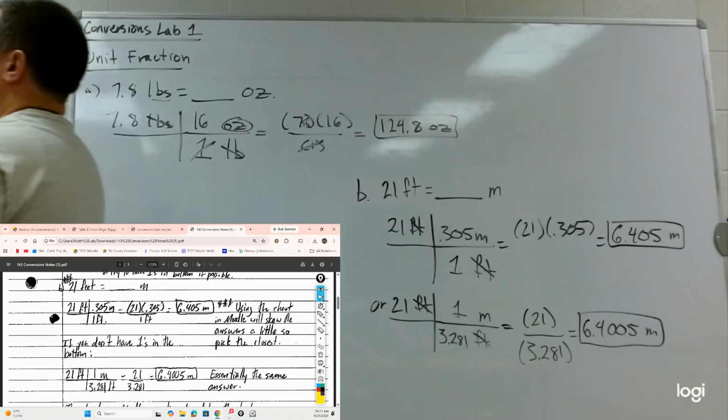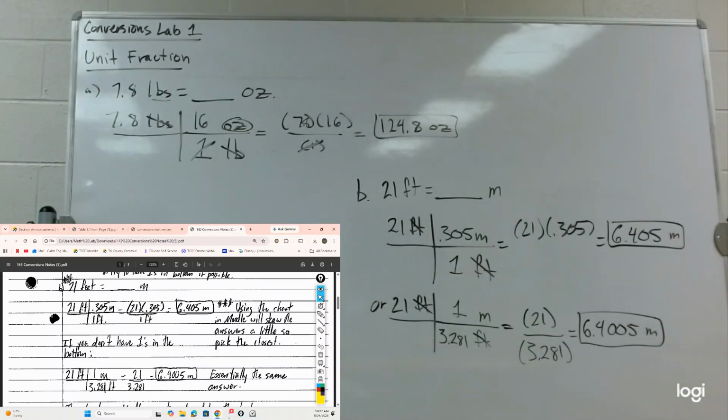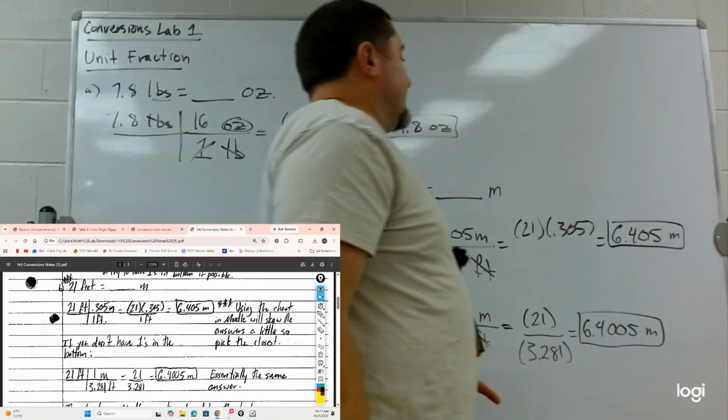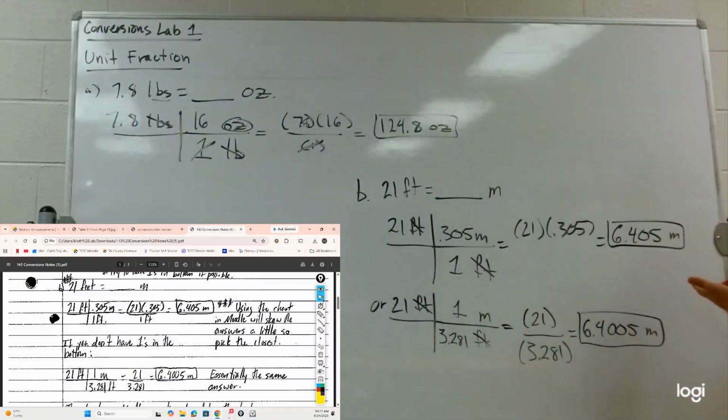Now the questions in the lab might tell you where to round to, and they may not. All right. Point is, when you do these, there is a chance that neither one of those, excuse me, is going to be listed as an answer choice. It might just say something like this. It may just say 6.4. So if it does, then you're good. All right, they're the same thing.